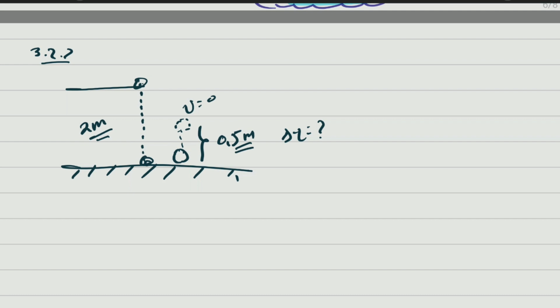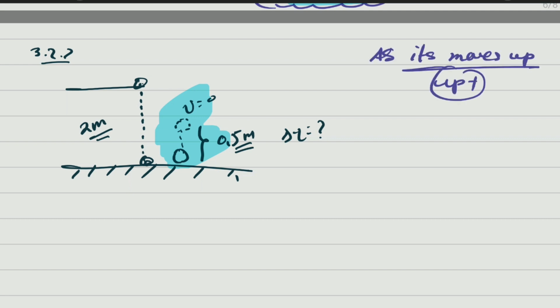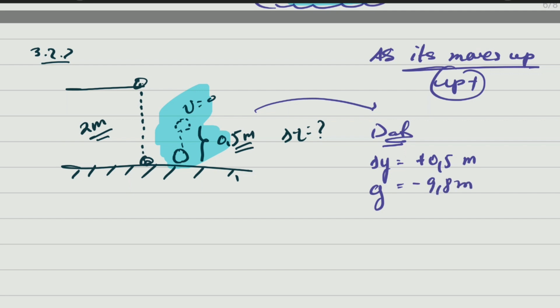Okay, now in this case, the first thing we're going to do is to calculate the initial velocity, and we're going to be working with this part of the motion, guys. So as the object is moving up, we're going to say up is positive. So for that part of the work here, what we have is that the displacement is going to be positive 0.5 meters. We have acceleration due to gravity is equal to, up positive, so this one is negative 9.8 meters per second squared.